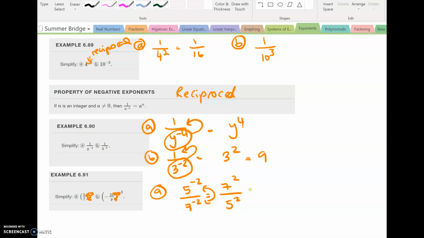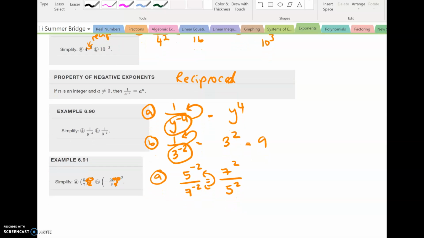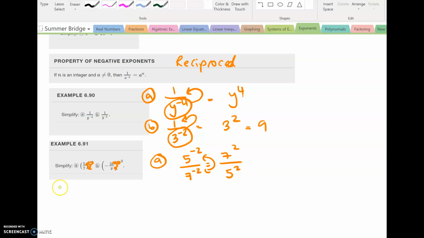So let's do B, and I'm going to give myself just a tiny bit more space here. So for B, we could just change that negative. So I could say, okay, I know I'm going to have to flip these. So the y is going to go in the numerator. The negative 2x is going to go in the denominator. And now I can raise it to the third power instead of the negative third power.